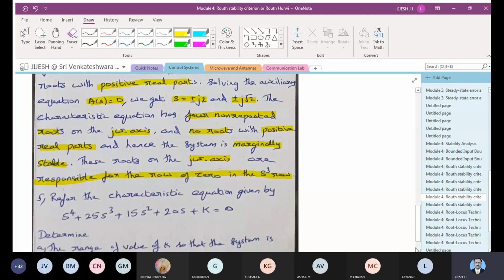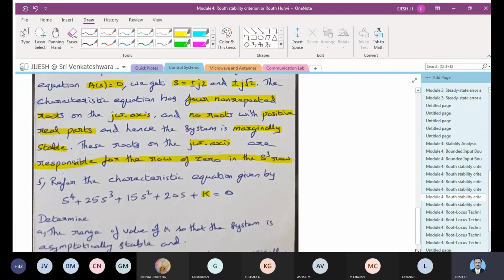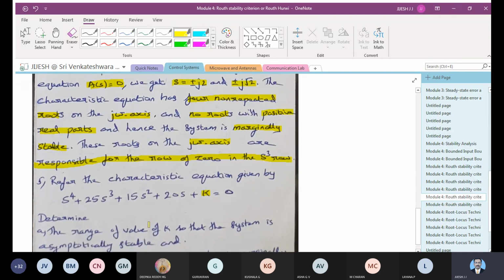They are asking you to determine, see here, one small difference is there. Here it is k, and k is not known to you. So they are asking you to find k. We can see how to go with it: the range of values of k so that the system is stable.